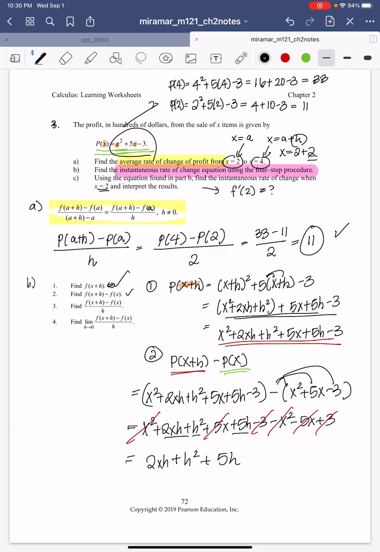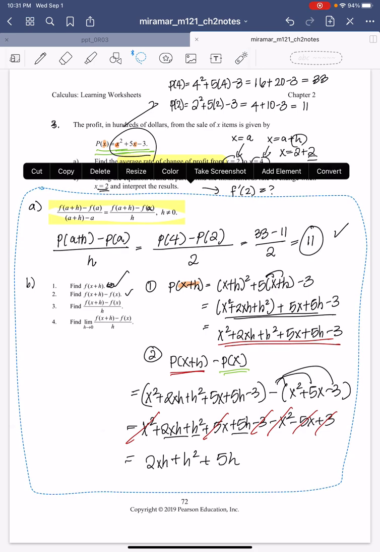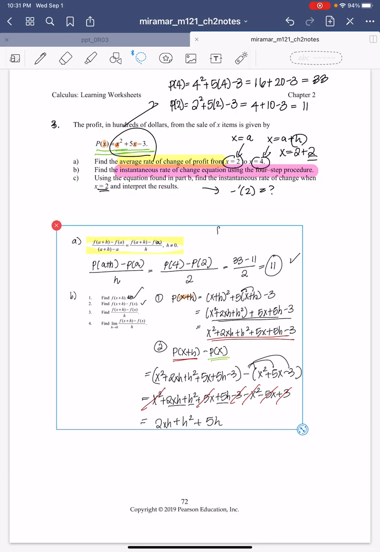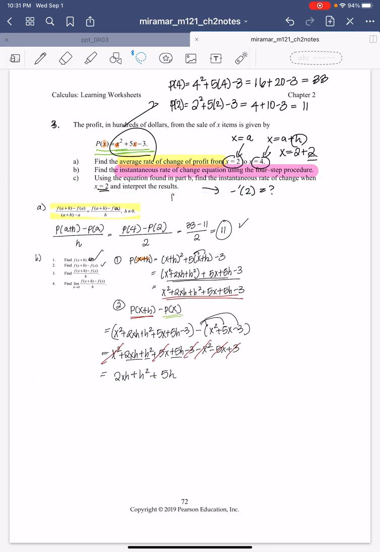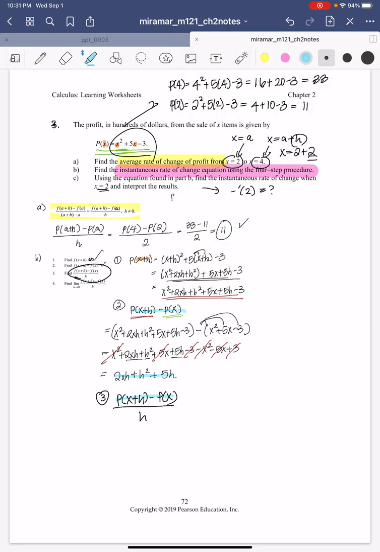Okay, step 3. Let me make it small. So step 3, I need to find p of x plus h minus p of x all over h, which is just this whole thing, all over h.